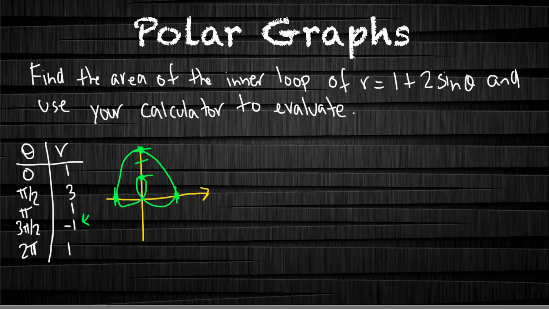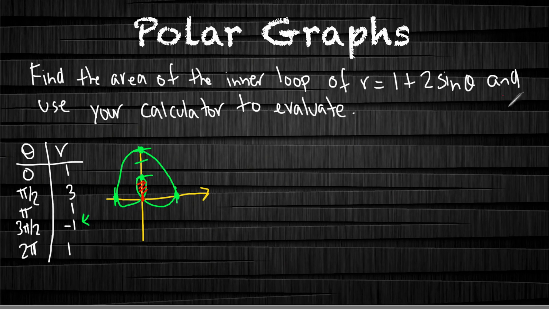And so what they're asking us for is the area of the inner loop, that inner loop right there. Excuse me, not a petal, inner loop. So once again, we've got to figure out where the radius is 0, because that's where the inner loop starts and stops.